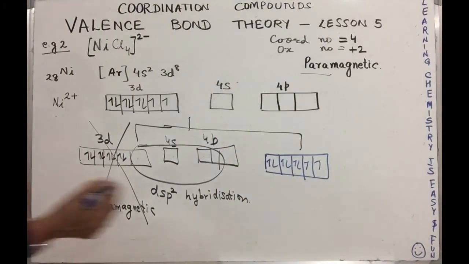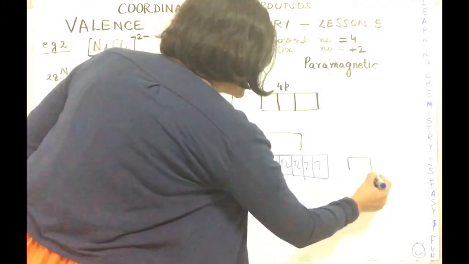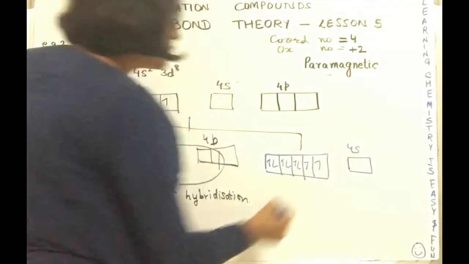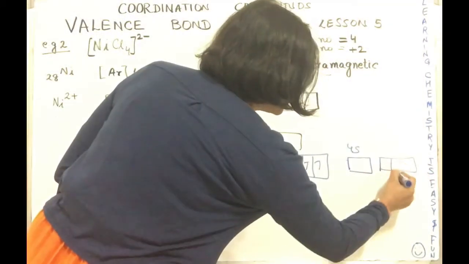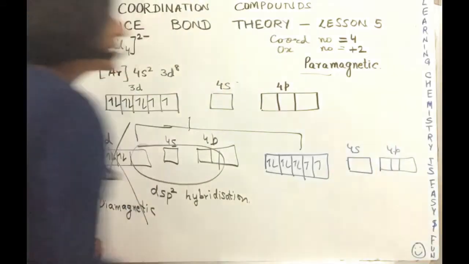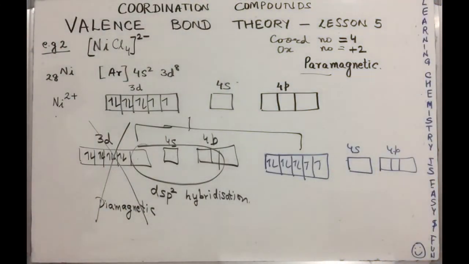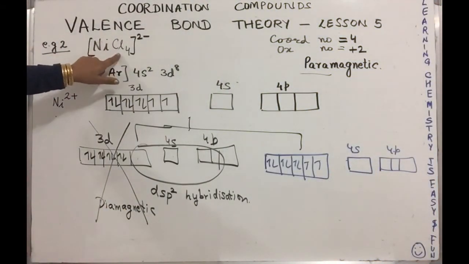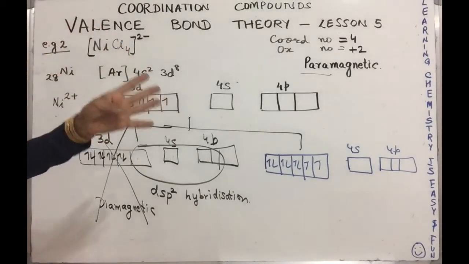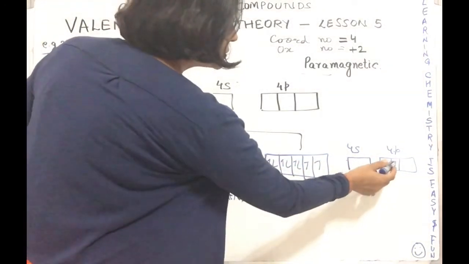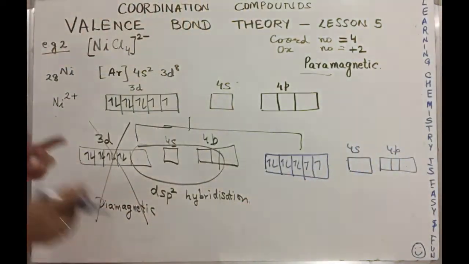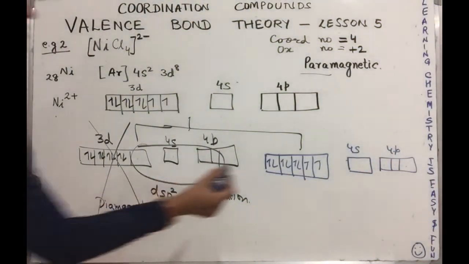They are singly occupying the d orbital. And then we have 4s and 4p. Now because we have to accommodate 4 ligands, we need 4 vacant orbitals. So 1, 2, 3, 4, and they are all of the same energy.